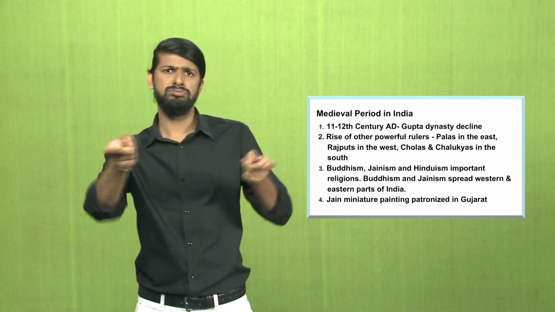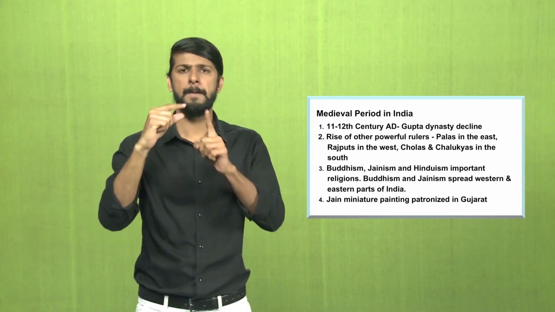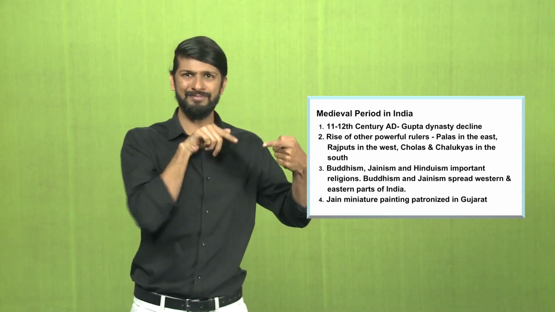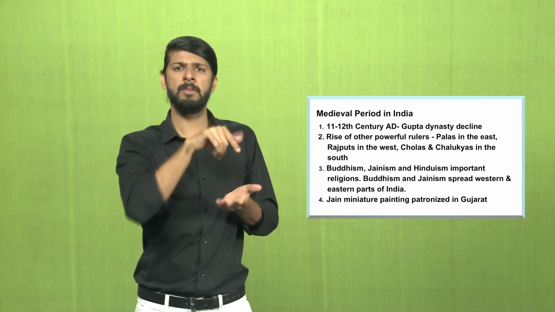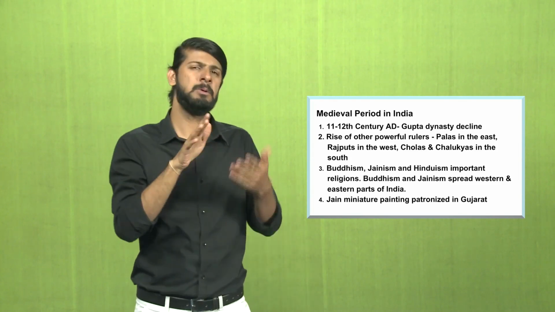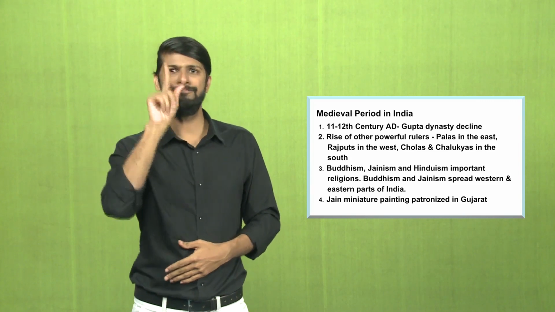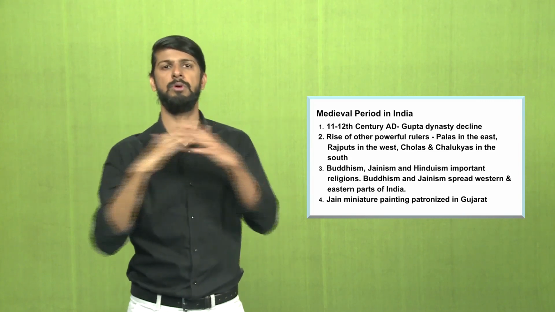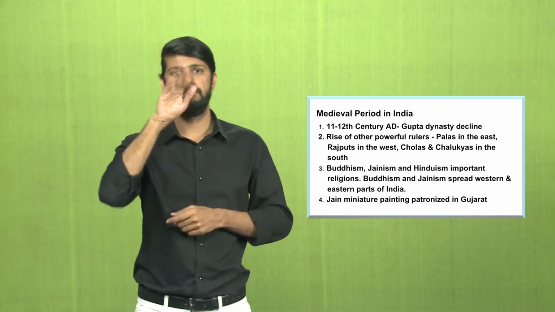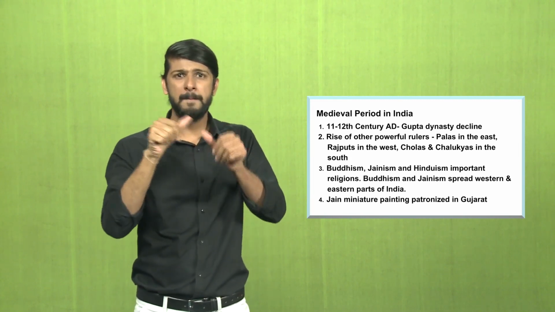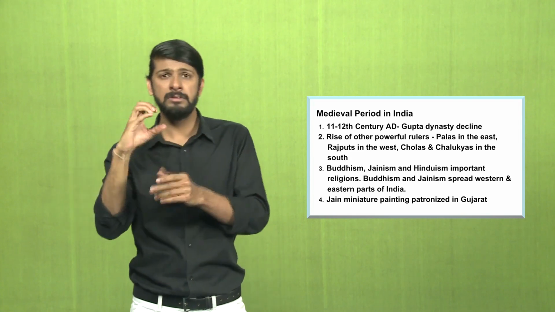Along with the decline of the Gupta dynasty, there was a rise of other powerful rulers, primarily the Palas in the east, which was Bengal and the adjoining areas. In the west were the Rajputs, and in the south were two dynasties, namely the Cholas and the Chalukyas.